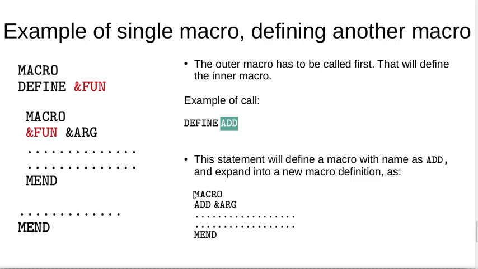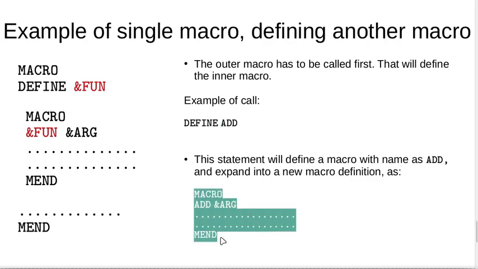So this will lead to a new macro definition, macro add with argument &arg and other instructions as follows, right? So this is the whole concept, where one single macro definition, which is the outer macro, can be used to define, to create or to generate a set of similar type of macros.